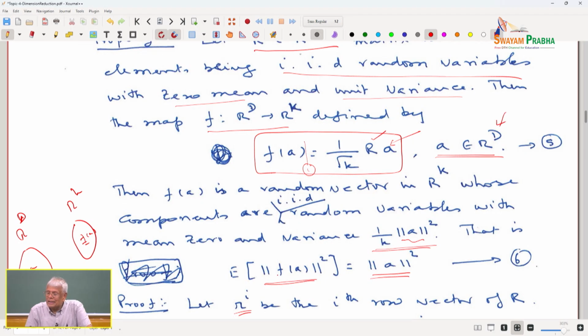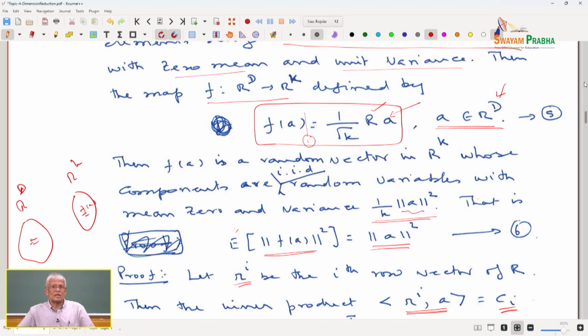Therefore, its length is a random variable, and the square of the length is a random variable, therefore it has an expected value. So the expected value of the square of the length of the image of A is equal to the square of the length of A itself. So in an expected sense, this mapping has not distorted the length of the given vector too much.